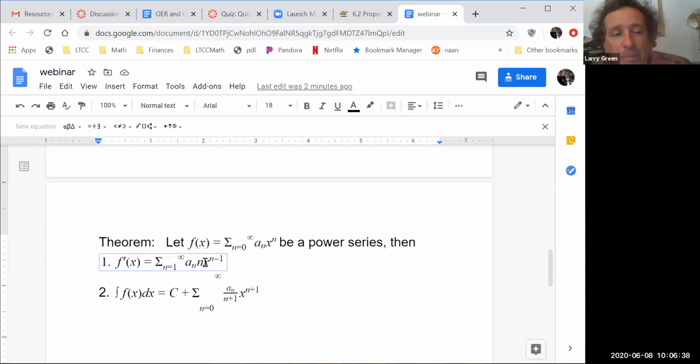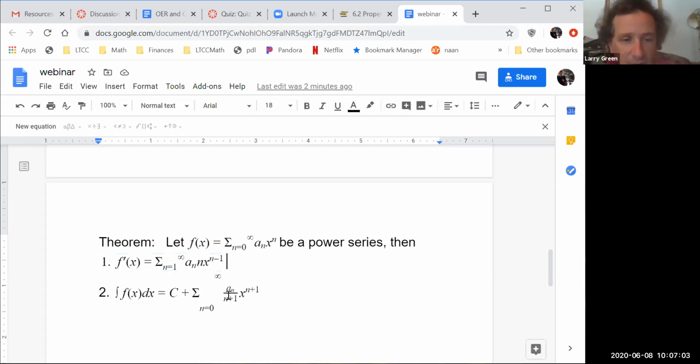What might happen is you might lose an endpoint. So your square bracket might turn into a parenthesis. Does that make sense? Okay, but as long as you're inside the interval and not on the boundary, you stay convergent. But the boundary could be lost.